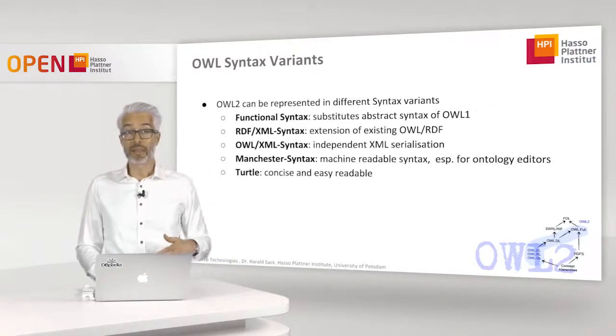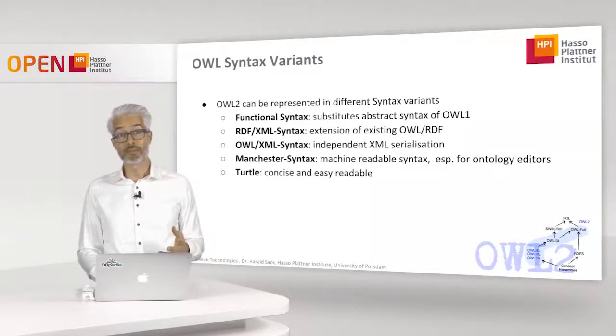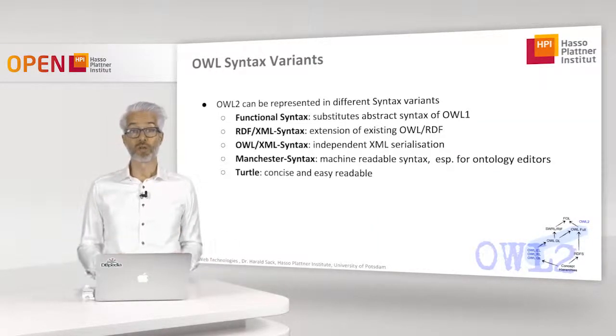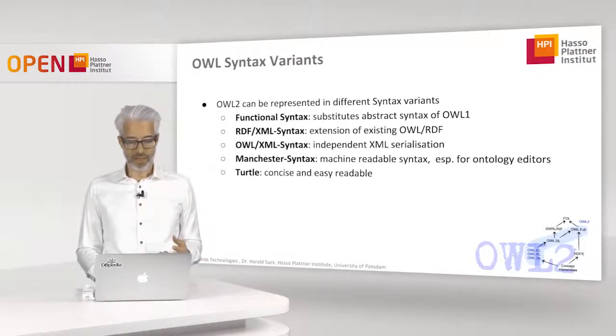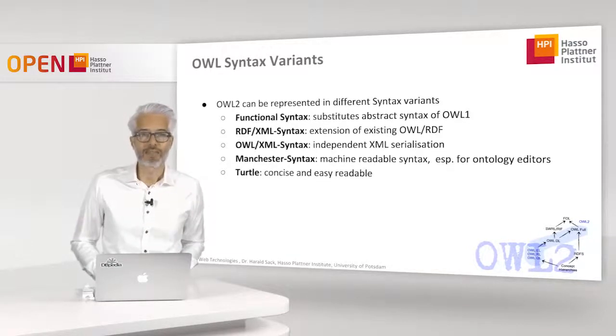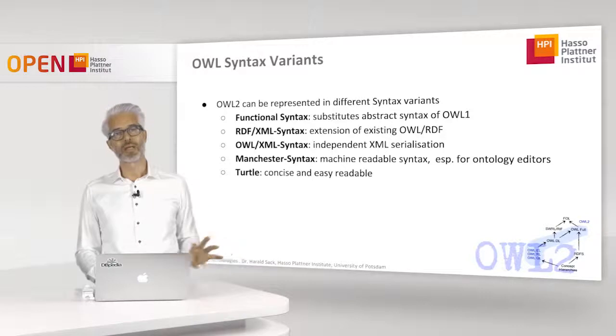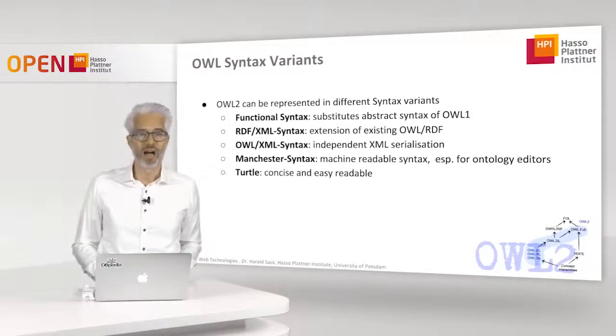There is also an RDF XML syntax for OWL, simply for legacy reasons, and it extends the former RDF XML syntax. And then we also have a so-called OWL XML syntax, which is an independent XML serialization of OWL.